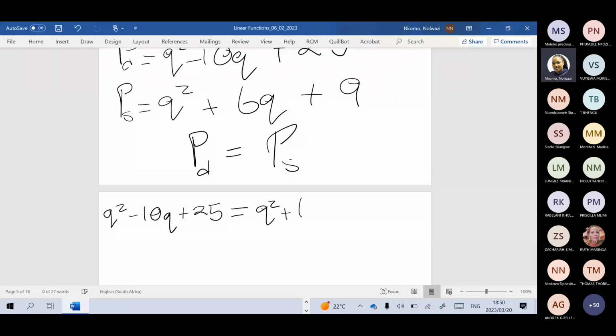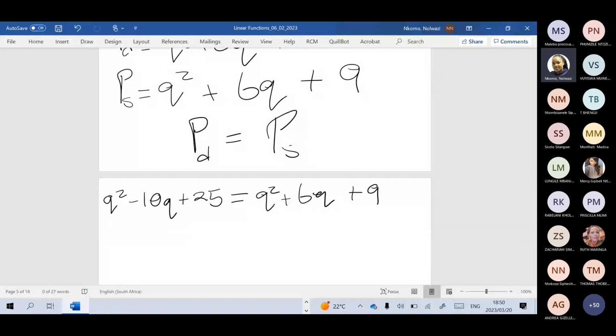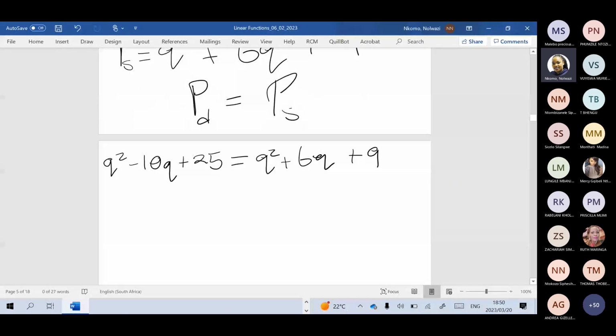Then the next step is to simplify this function. I will take all the terms with q to one side because I'm trying to solve for q, and the terms without q on the other side. If I do that, I will have q squared minus 10q.